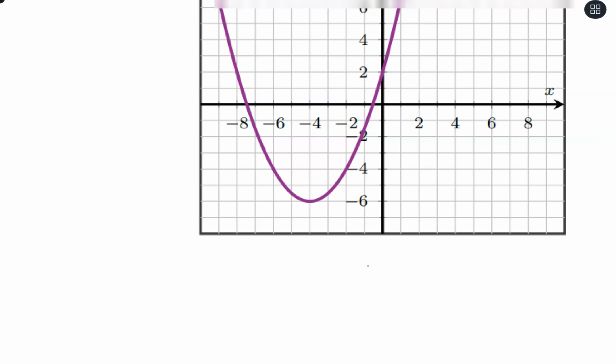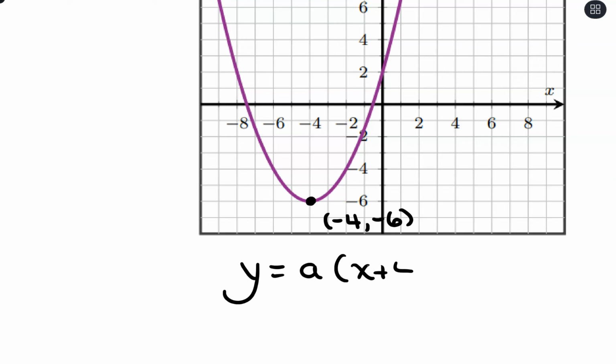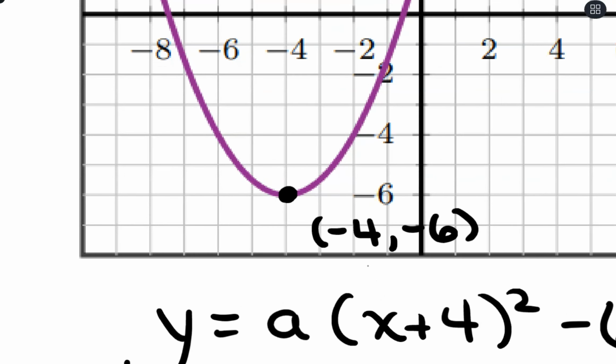So again, I'm going to focus on our vertex is -4, -6. So we're going to have the format y equals a times x plus 4 squared minus 6. And then what I could do is the kind of mapping. So I'm seeing, okay, if I go over 1, that looks like I'm about halfway.